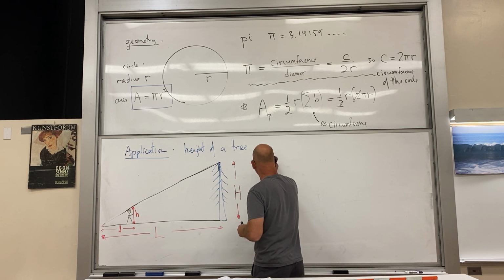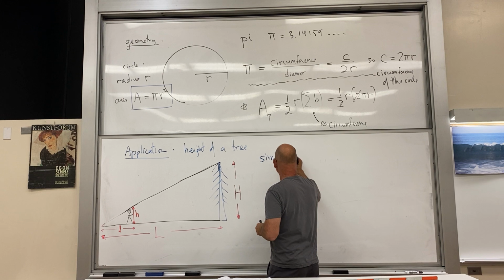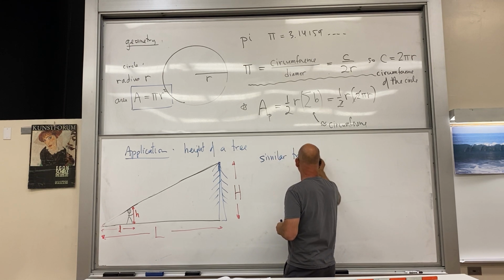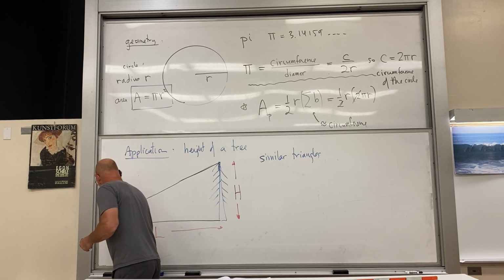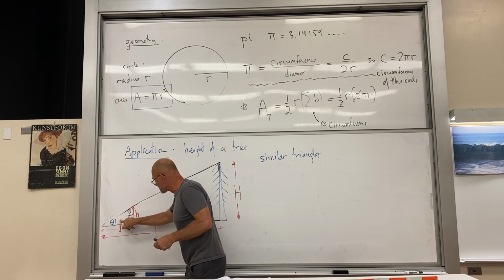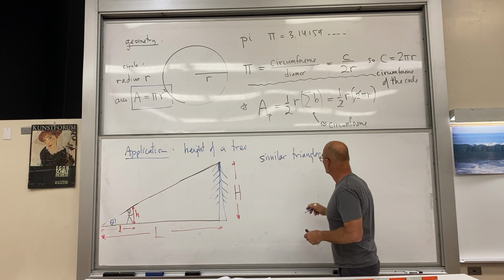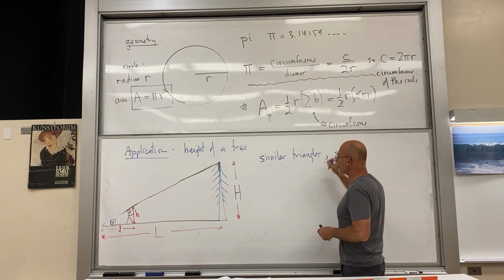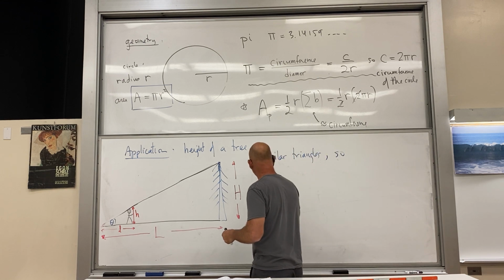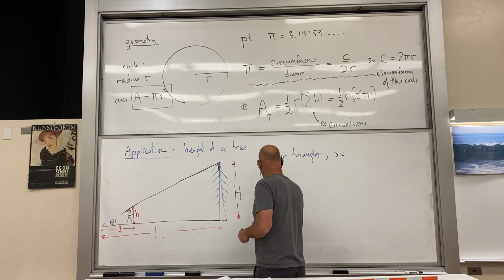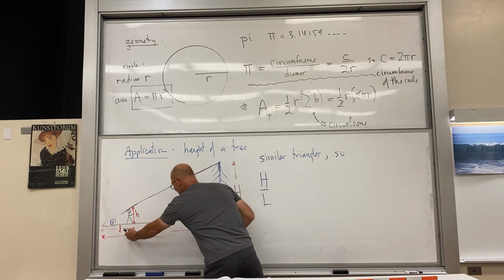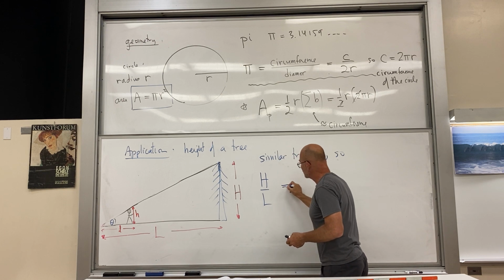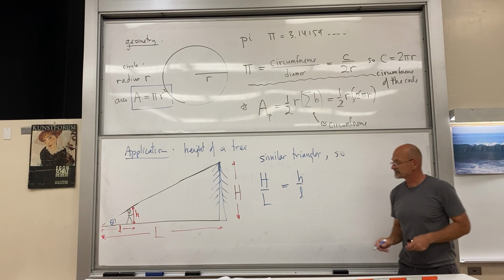Similar triangles, so these two ratios are the same. For the big triangle, H divided by L, the ratio of this opposite and adjacent side, is equal to this ratio, h divided by lowercase l.